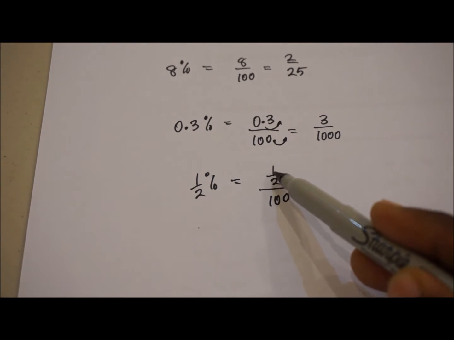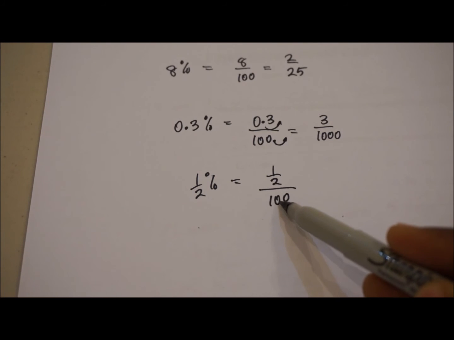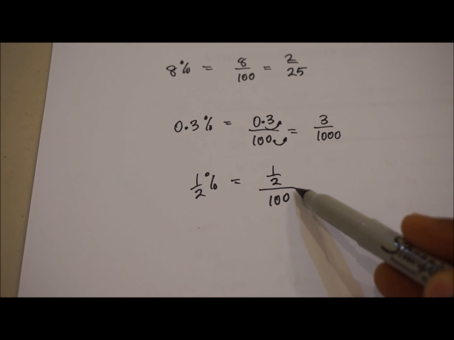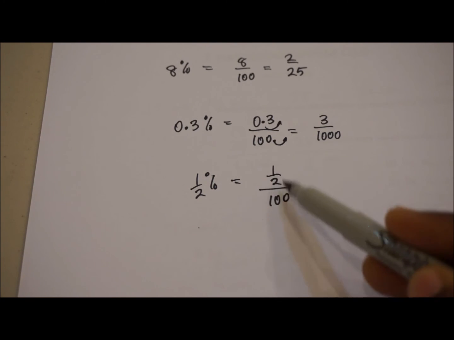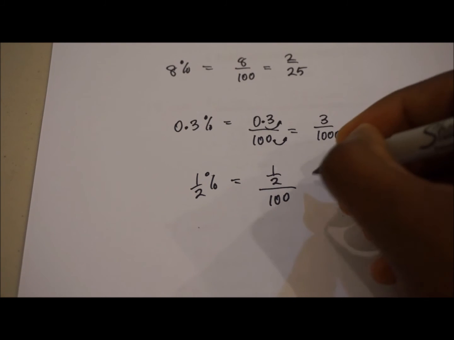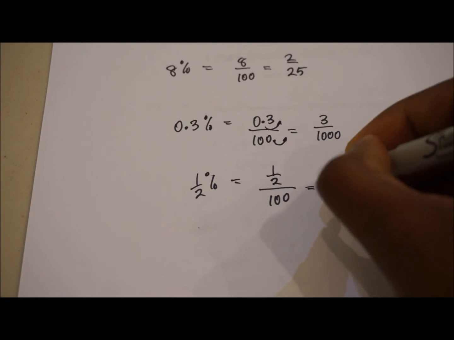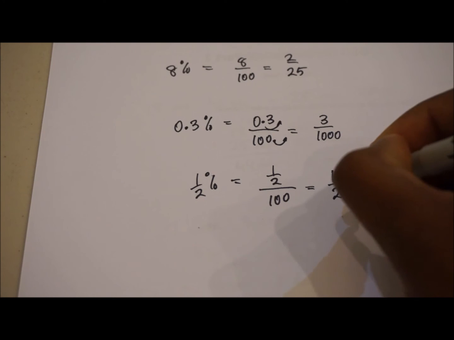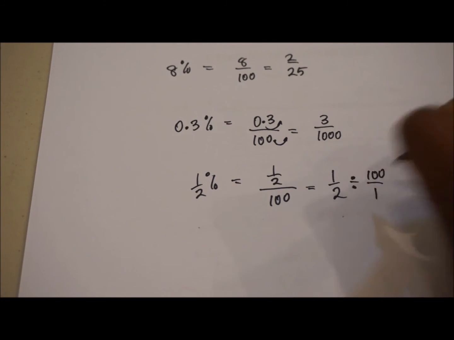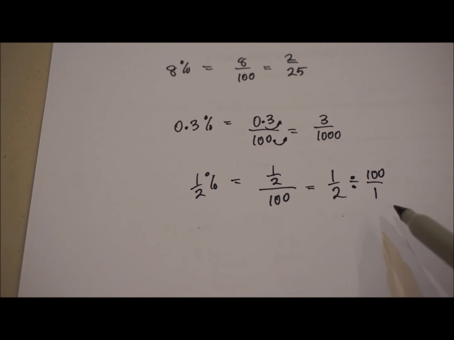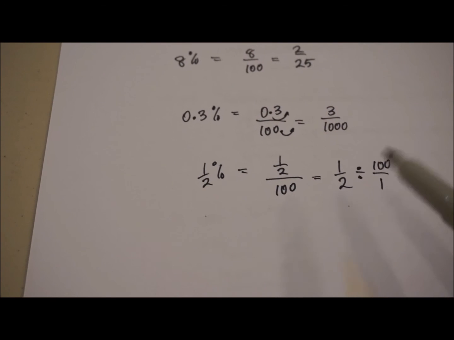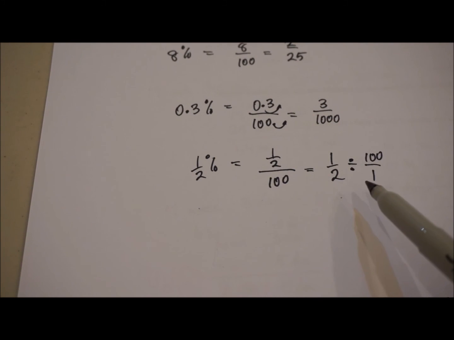This means 1 over 2 divided by 100. Remember, this means divide. So 1/2 divided by 100. I could write it this way to feel a little bit more comfortable: 1/2 divided by 100 over 1. Remember, in our fractions, what happened? If we have a division sign, our division sign can simply change into a multiplication sign, and the fraction immediately behind gets inverted or flipped upside down.